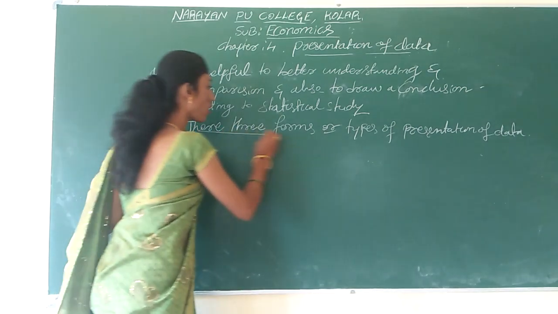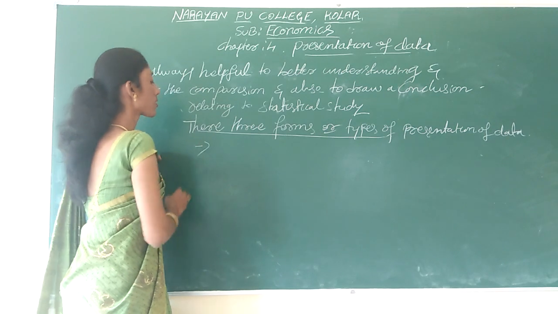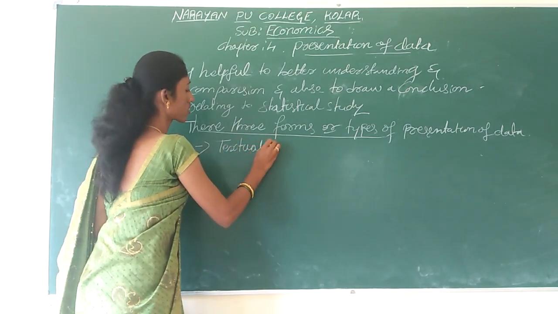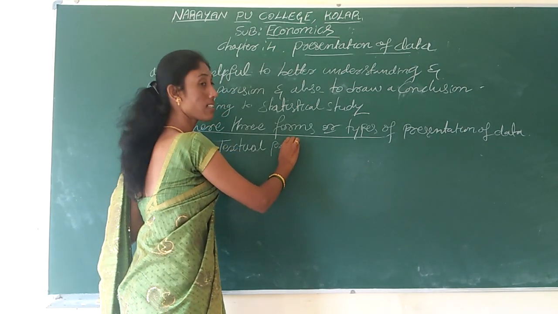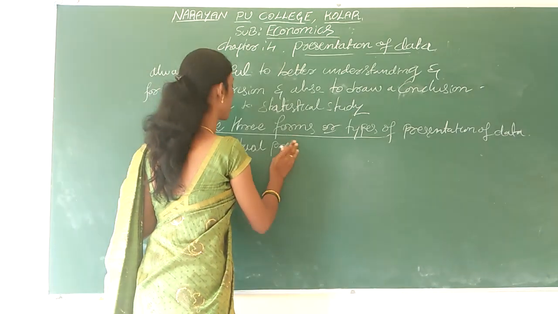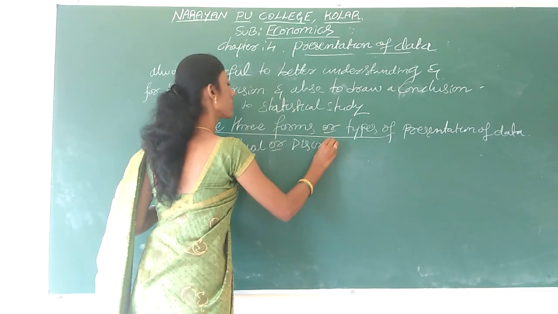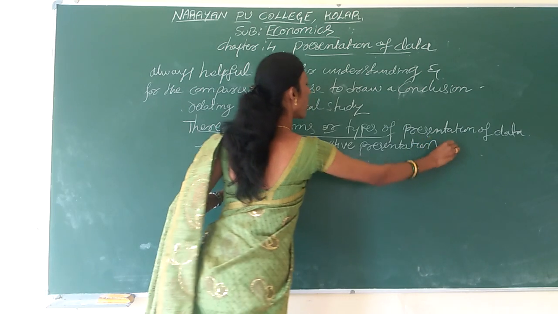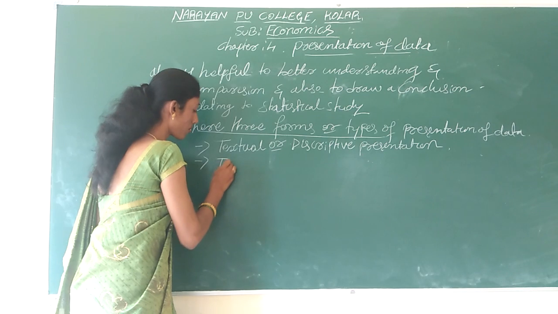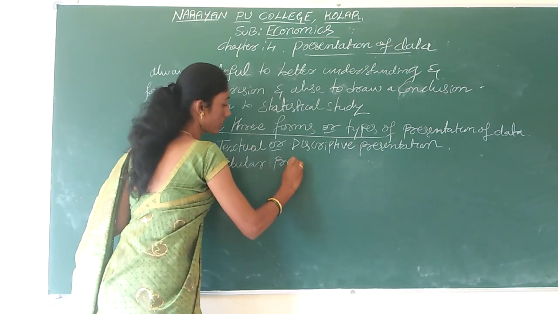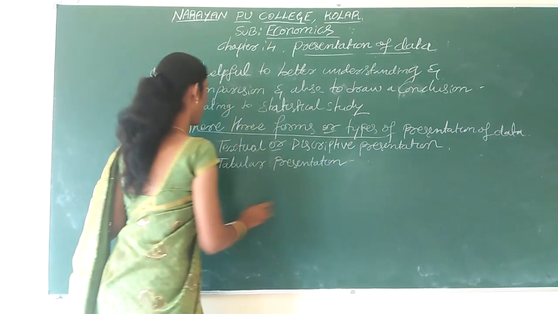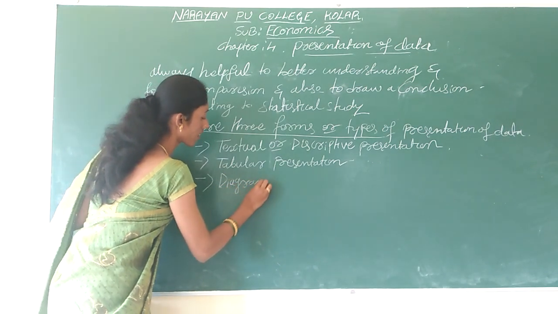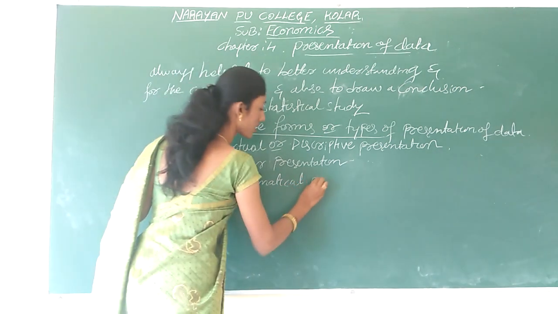In that, the first and foremost important type of presentation of data is textual presentation, also called descriptive presentation. The second one is tabular presentation, and the third is diagrammatical presentation.